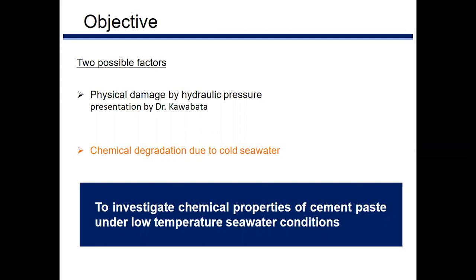We think there are mainly two possible factors influencing the durability of cement-based materials under deep sea conditions. One is higher hydraulic pressure. The other is low temperature condition, which can lead chemical degradation. In this presentation, we investigate chemical properties of cement paste under low temperature seawater conditions.